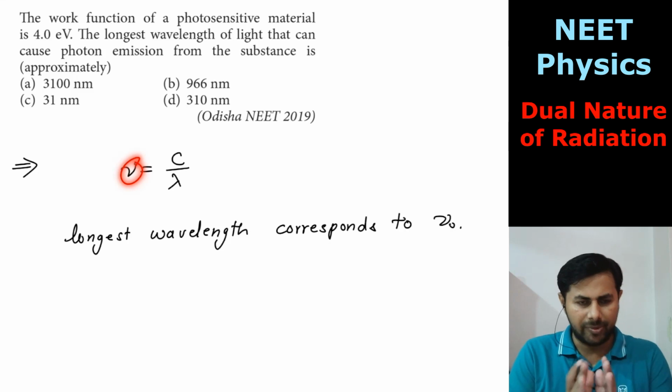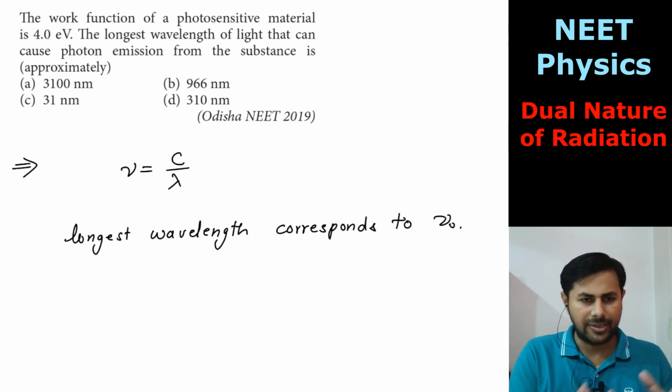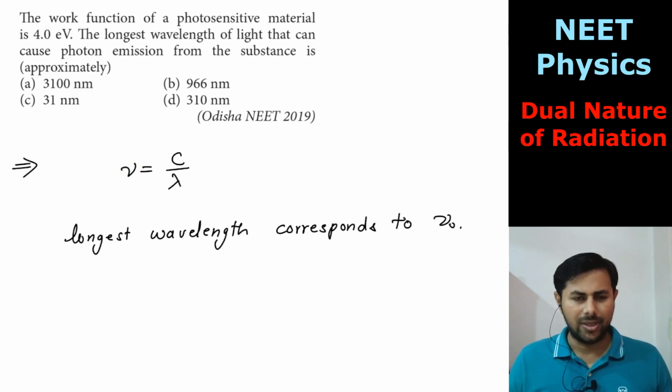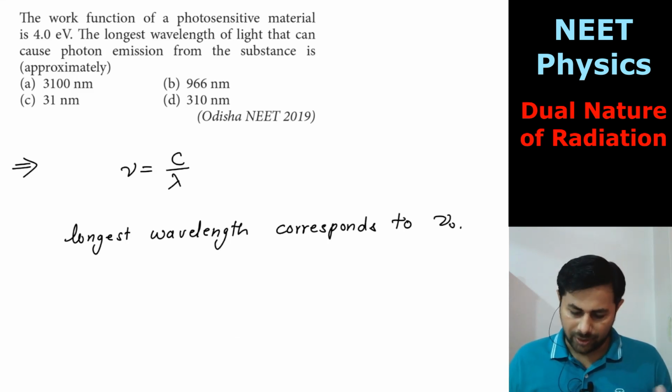Because the minimum frequency for which photoelectric emission happens is the threshold frequency. So if frequency is minimum, wavelength would be longest. The longest wavelength for which photoelectric emission happens is the threshold wavelength. Let's check.